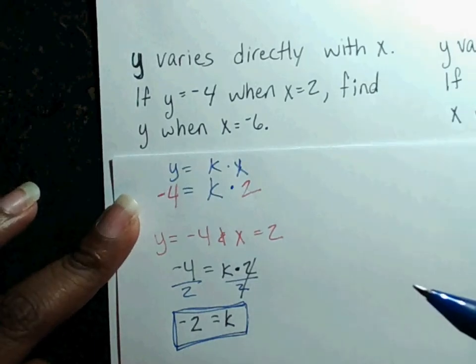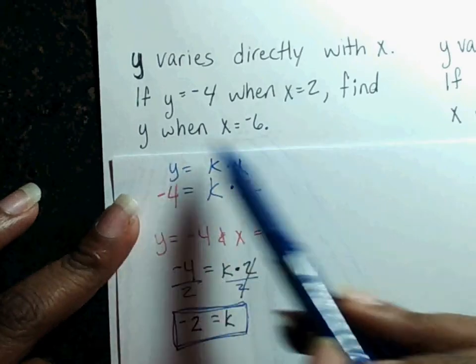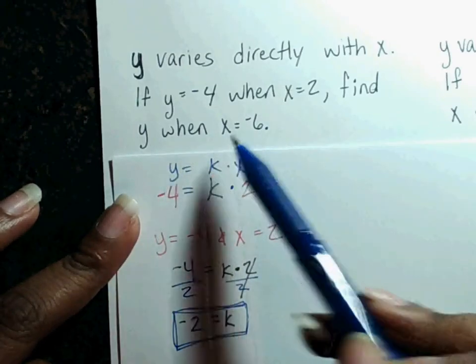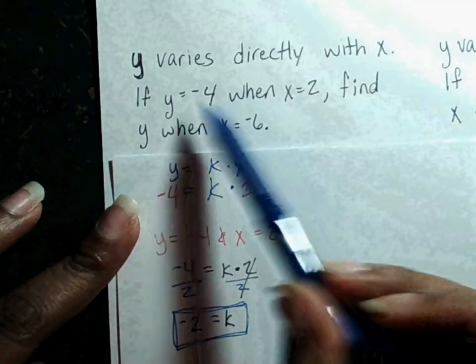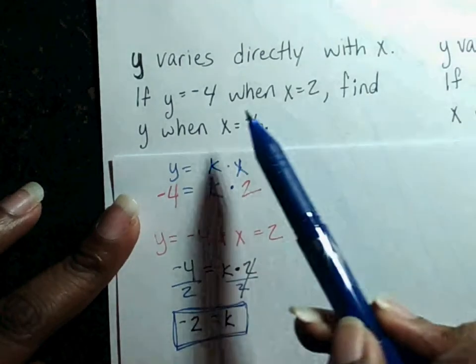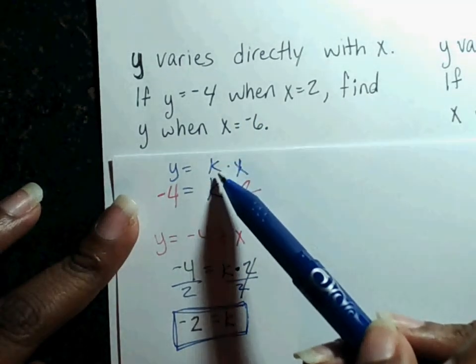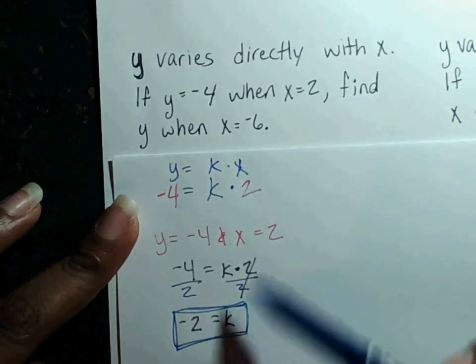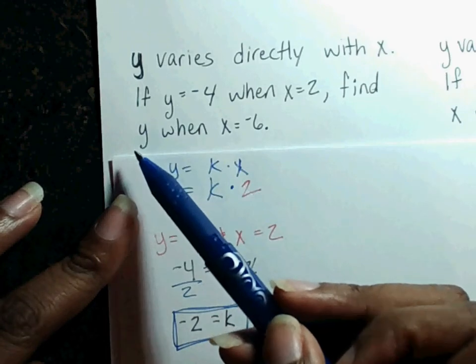So now, instead of using my given pair, I'm going to use my new constant with what they gave me to find what I don't know.